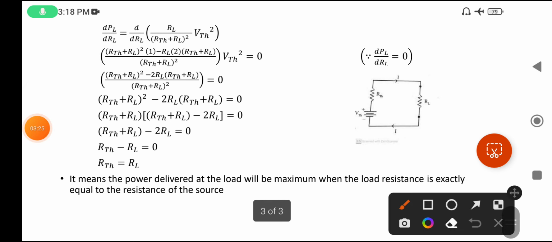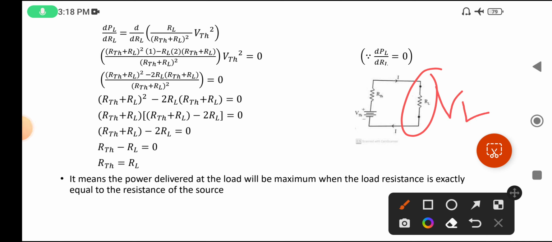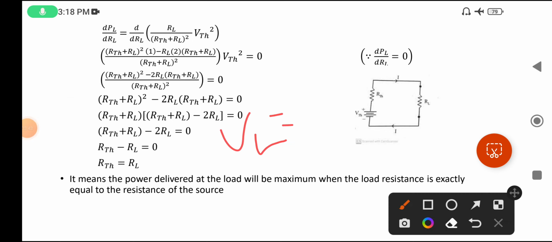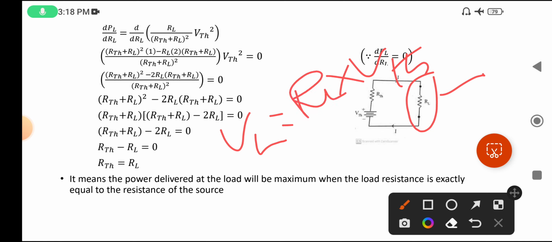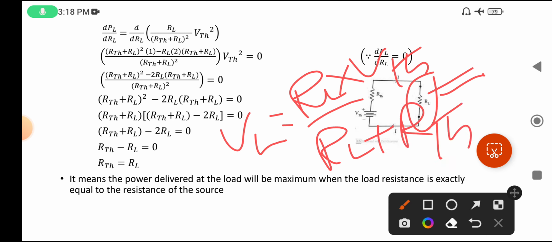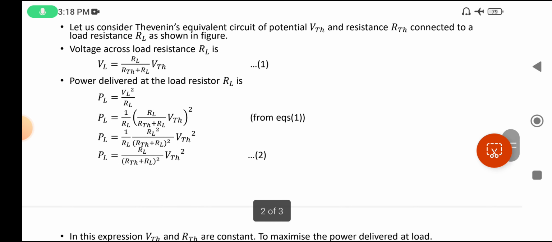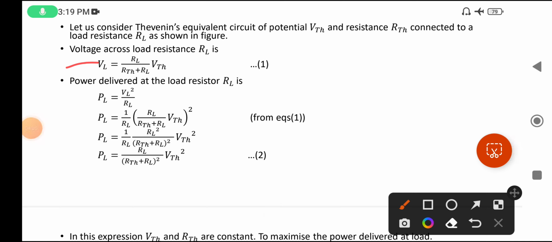Two resistances, R Thevenin and R load. So the voltage across the load is equal to the voltage of the source times RL divided by the total resistance. That is written here as equation 1.